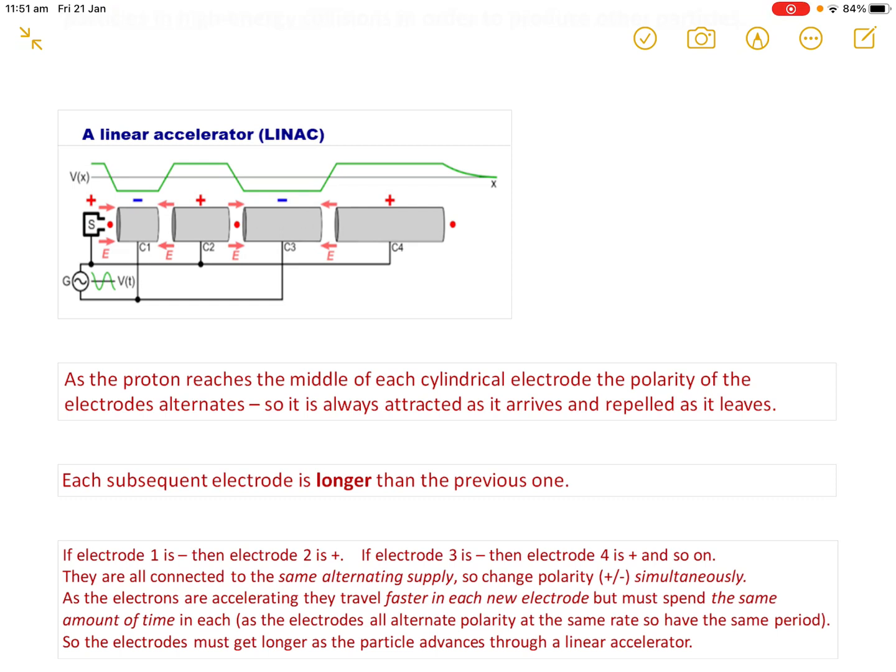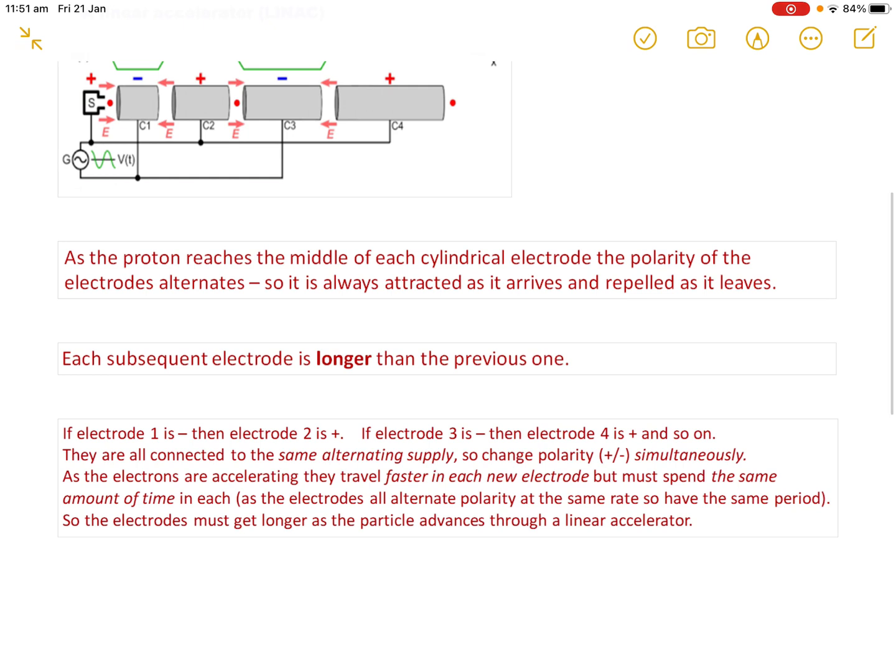So they all alternate at the same time, but because each subsequent stage has a faster proton arriving, because it's getting faster and faster with each electrode, it's going to cover a bigger distance in that same time. So if you imagine the period of that alternating supply to be t, the proton's going to travel much further during t at cylinder 4 than it is at cylinder 1. So the cylinders have to get longer as you go along. And the text at the bottom explains that for you.